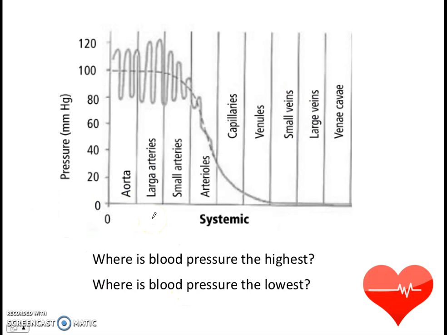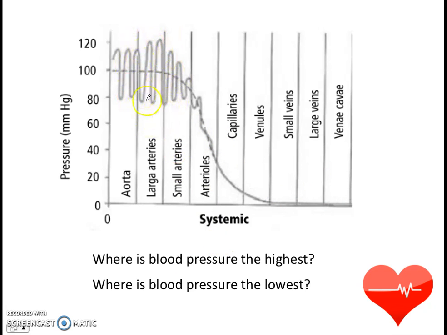So let's end off with this graph. This is a graph showing the blood pressure as we move through the circulatory system. We start with the large arteries, the smaller arteries becoming the arterioles, the capillaries, the venules, the small veins, large veins, and so on. Now what do you notice? Where's the blood pressure the highest? Well, the blood pressure is the highest in the large arteries.